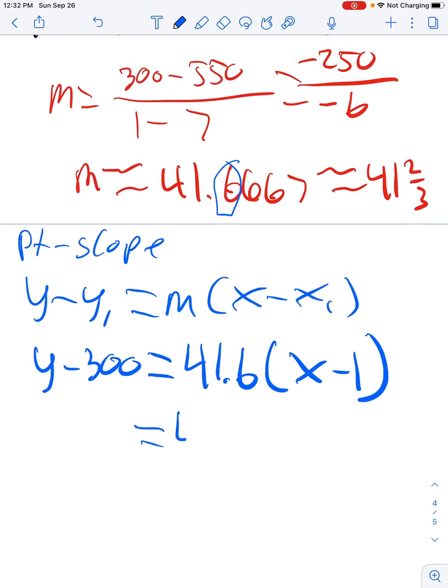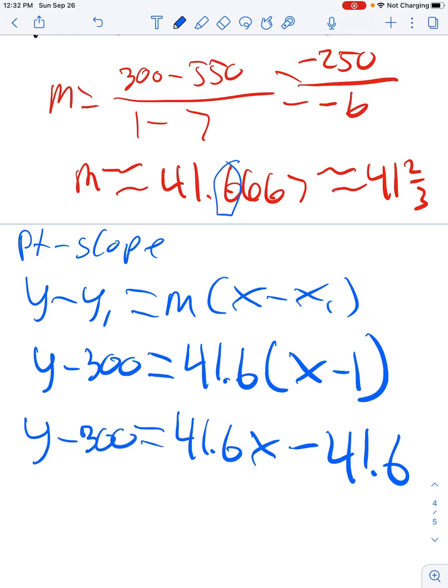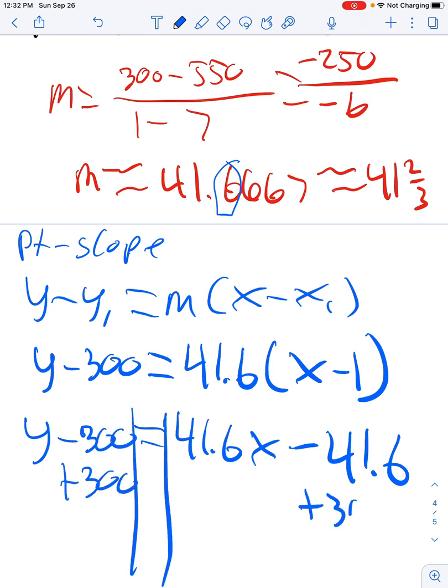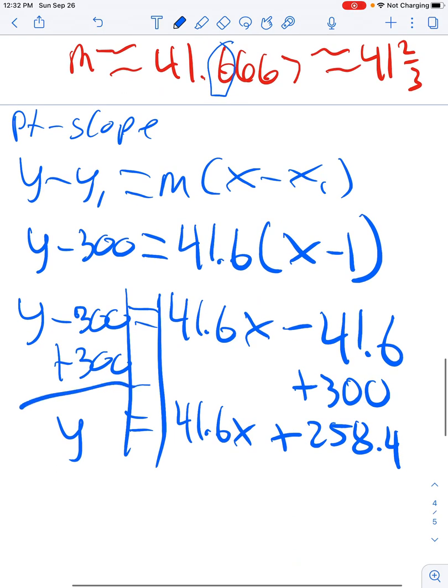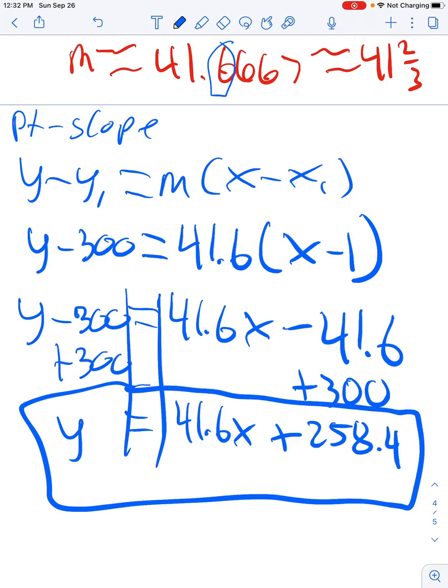When I distribute this across, I'm going to get 41.6x minus 41.6. Still have y minus 300. I'm going to add 300, and so y equals 41.6x plus, let's see what that equals, 258.4. So that would be my approximate line of best fit.